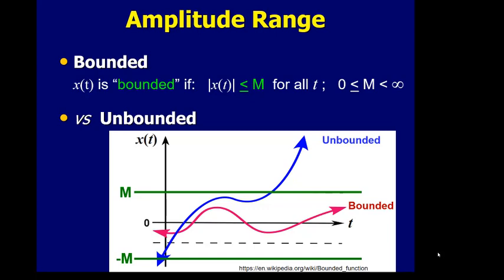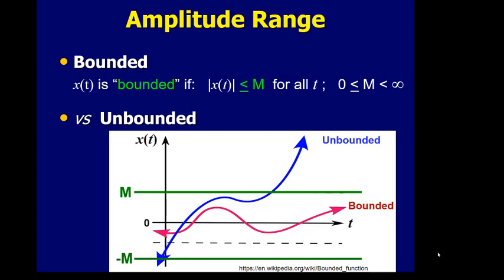Its absolute value must remain less than m. Its actual value must remain between plus and minus m for all time, not allowed to exceed m in either direction. If it does exceed and goes off to infinity, then it's an unbounded signal.